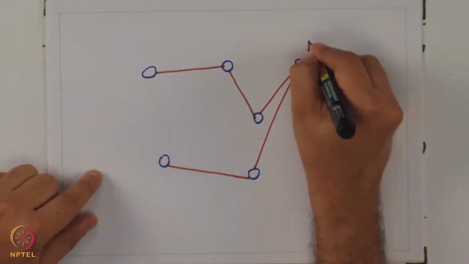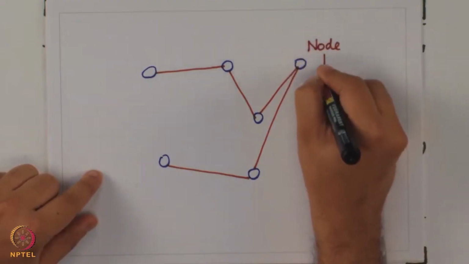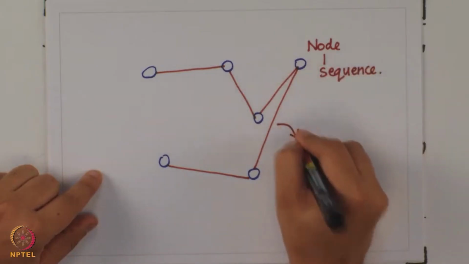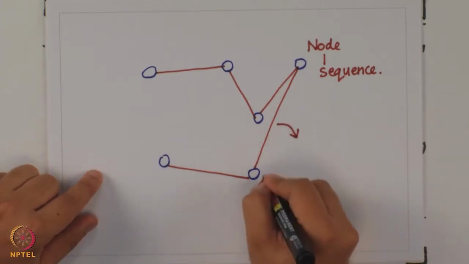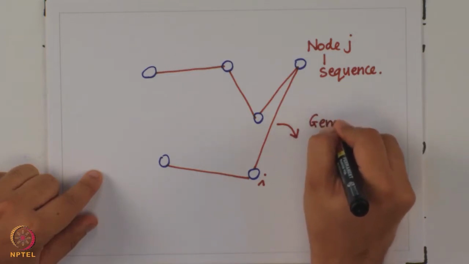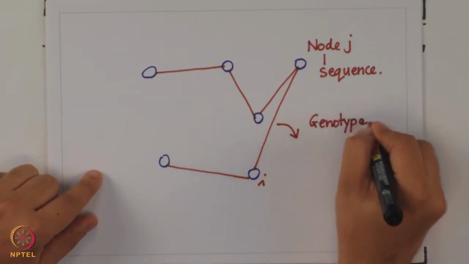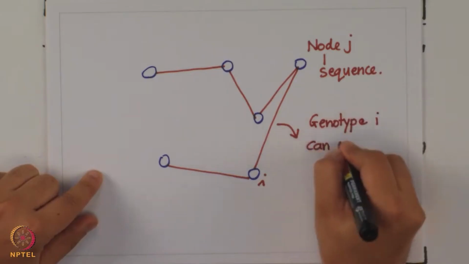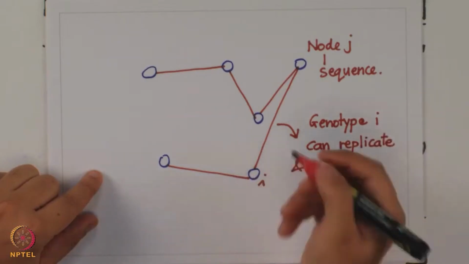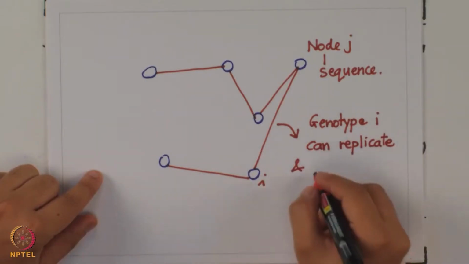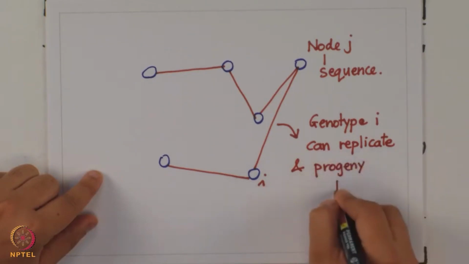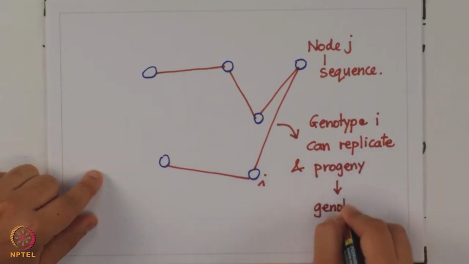A node corresponds to a sequence, and an edge represents the fact that genotype I can replicate and a mutation event can happen, a single point mutation, which can lead to the progeny having genotype J.